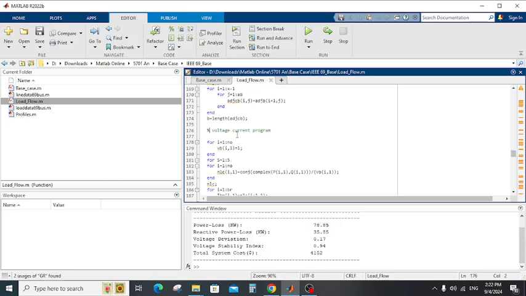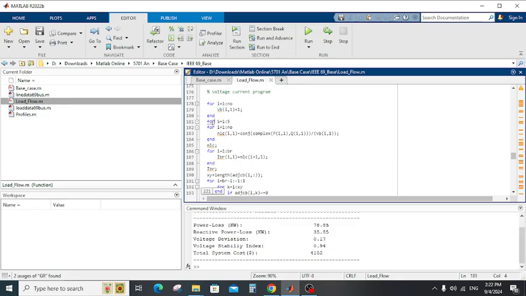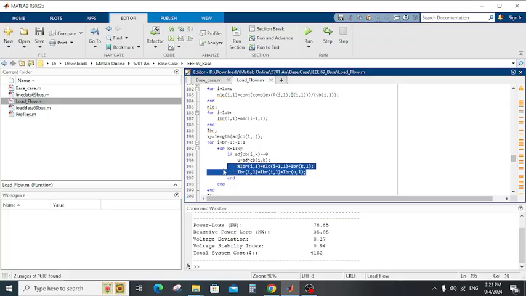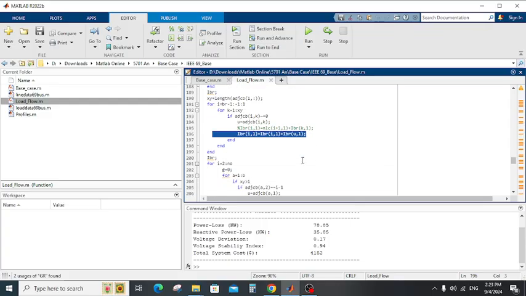by using the forward-backward sweep method. First we assume that all bus voltages are 1, and after that we repeat in a loop to calculate the current. The first thing is to calculate the current depending on the assumed voltage and the real and reactive power at each bus, and then we calculate the accumulated branch current, the current flowing in each line.